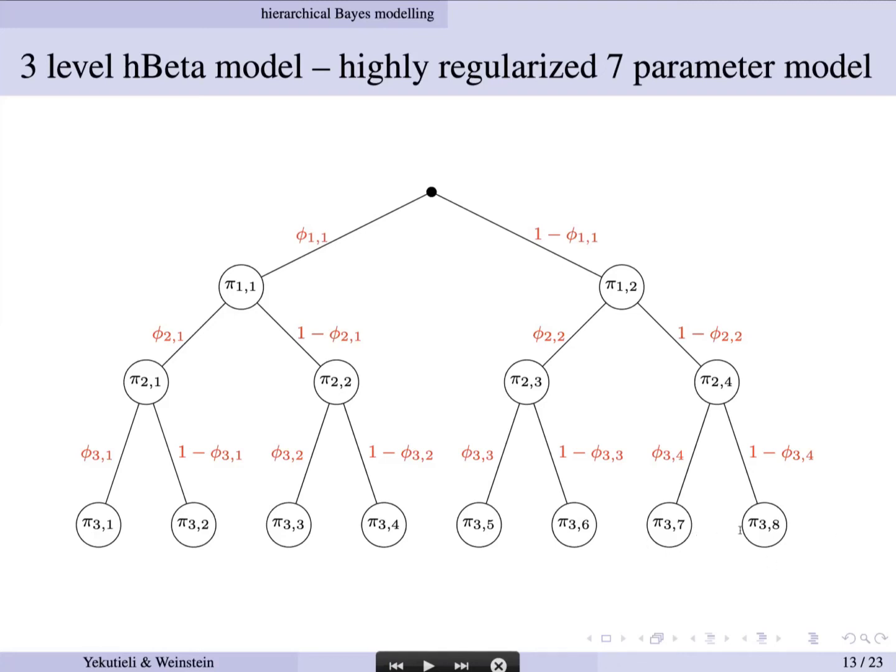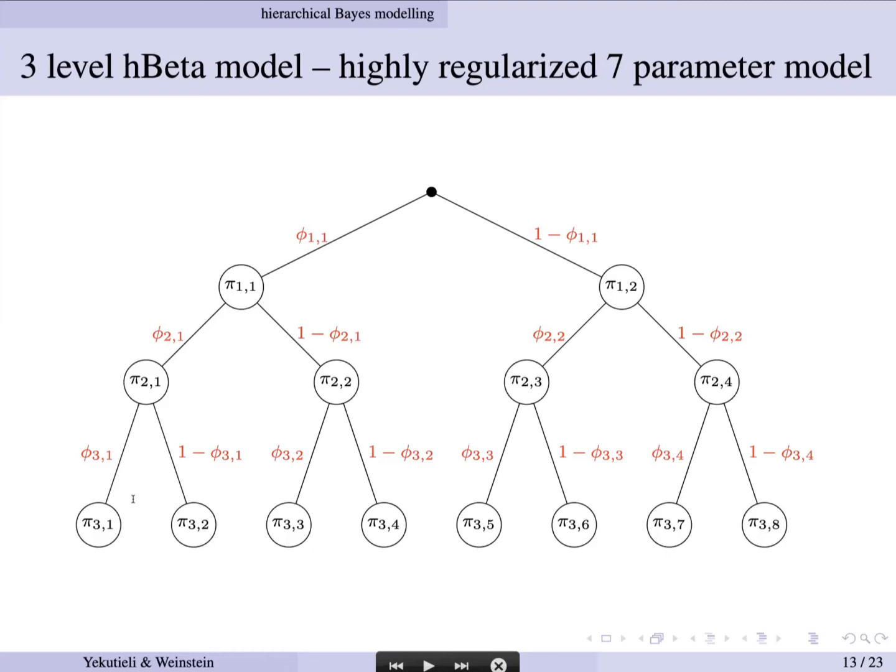And how do I get these pi's? The parameters of the model are actually the phis. Because it's a 3-level tree, the first, phi 1,1, says what's the probability of falling in the first half or the second half. What is phi 2,1? It's a conditional distribution: given that I'm in the first half, what's the probability of being in the first quarter, okay? And what's phi 3,1?